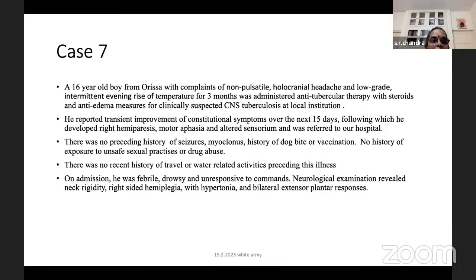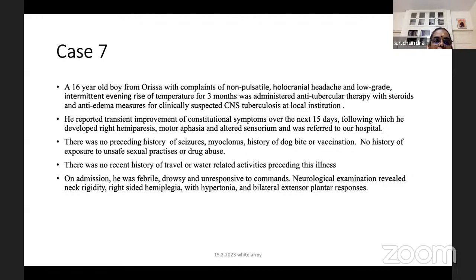Next patient is a 16-year-old boy from Orissa. He complained of non-pulsatile holocranial headache, low-grade fever of 3 months duration, and he was started on anti-tuberculous medicines at the local hospital, but he did not improve.